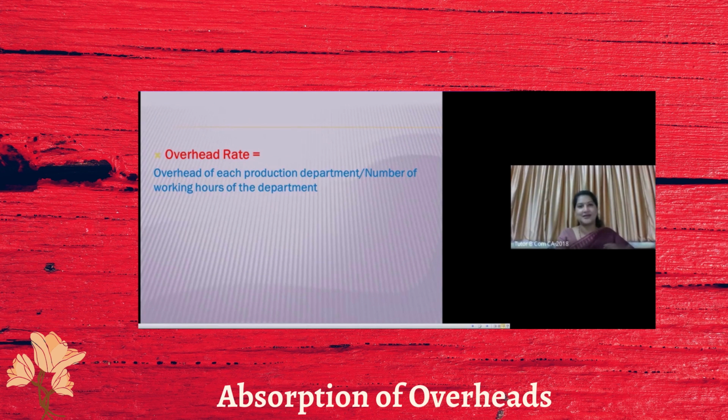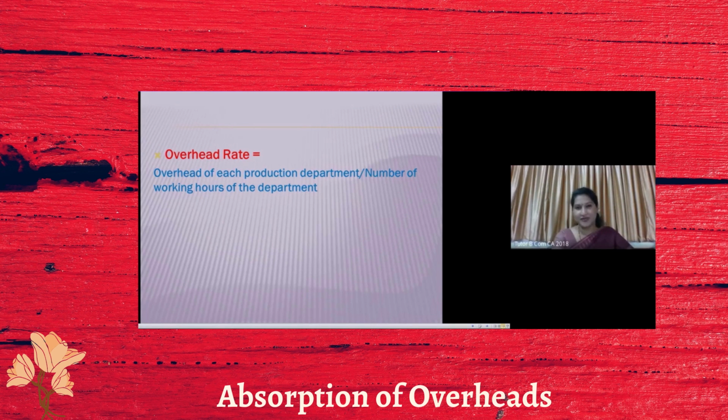So rate is nothing but division by unit or by number of hours, or maybe other logical basis. The numerator would always be the overhead cost of each department, which we have found through our previous stages called primary and secondary distribution. I hope you are with me.